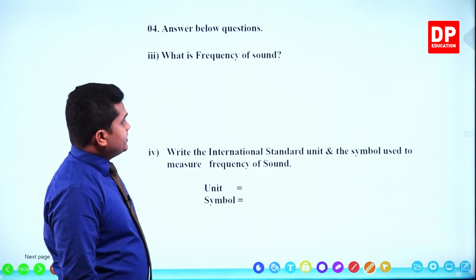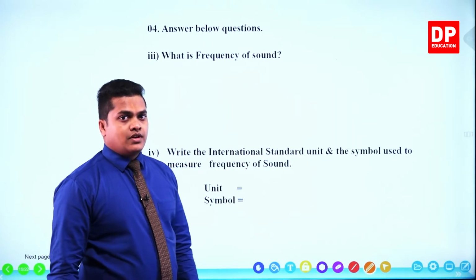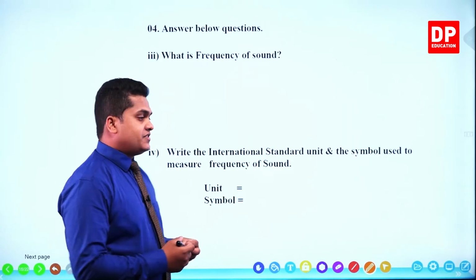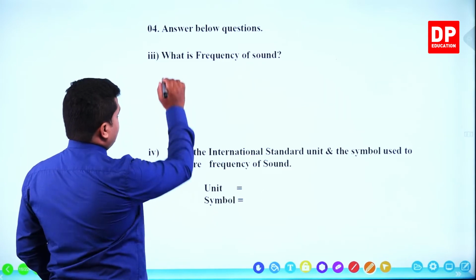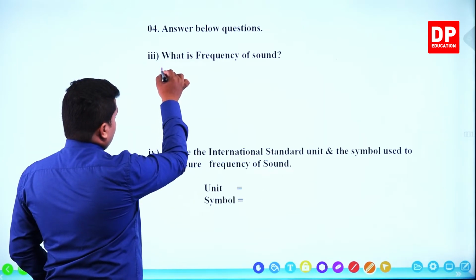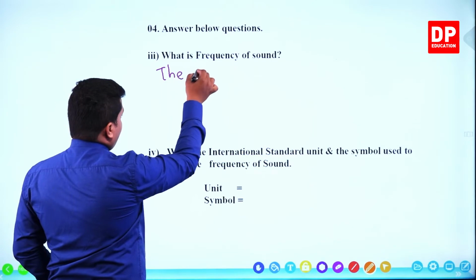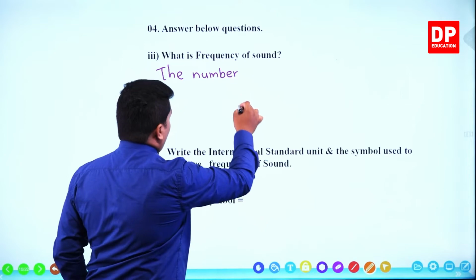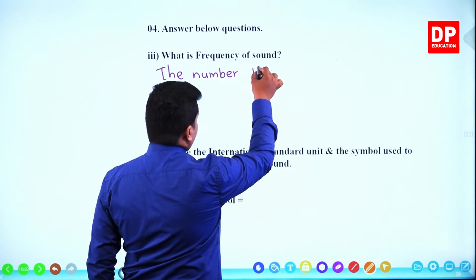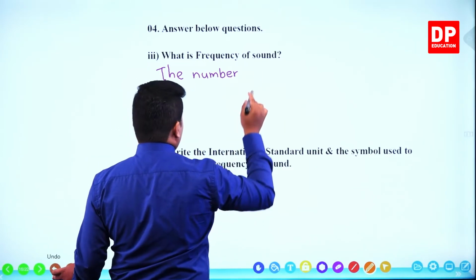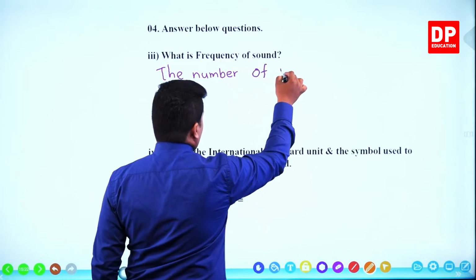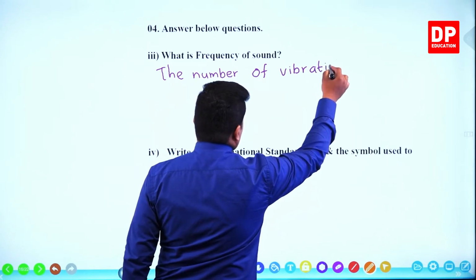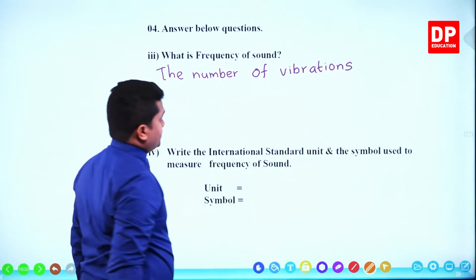What is the frequency of sound? What do you mean by frequency of a sound? Frequency of a sound means the number of vibrations.